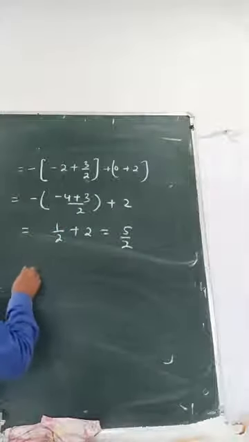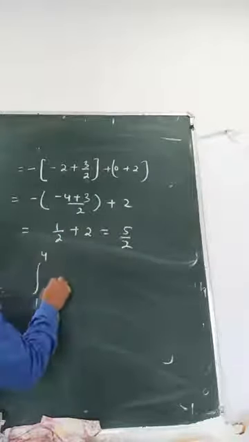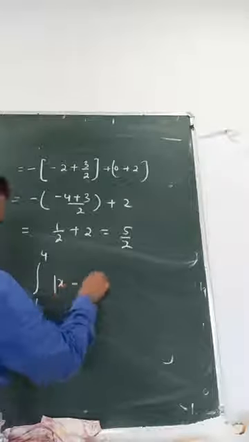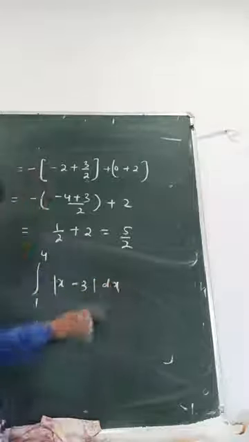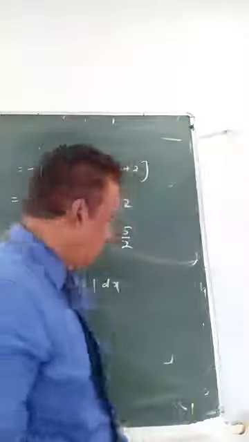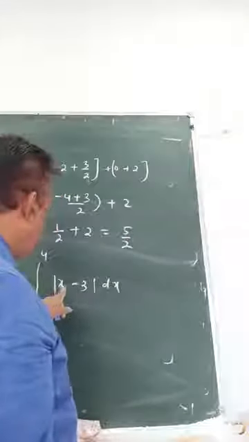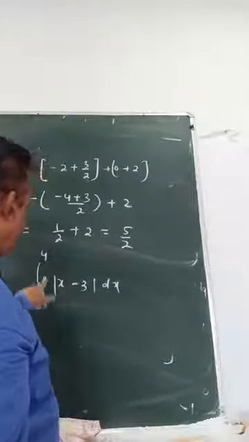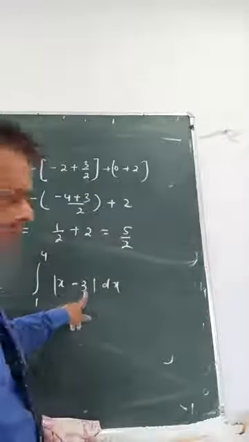What is the third part? Integral from 1 to 4 of modulus of x minus 3 dx. This is also clear. Now between 1 and 4, which point? 3 is the point.